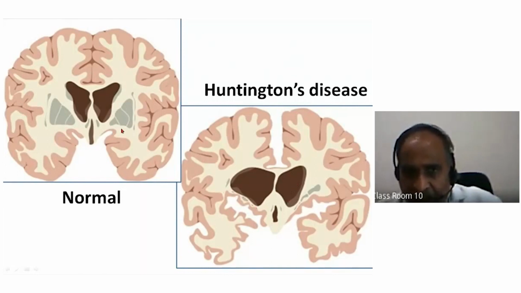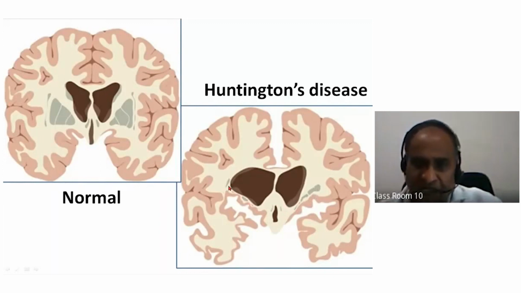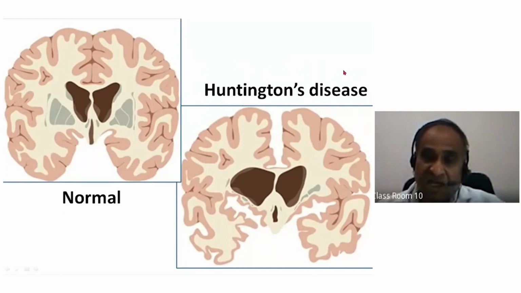These areas of the basal ganglia are absolutely reduced. A very little part of the basal ganglia is left. Here, a little more here, and it is absolutely diminished. So that means it is the very late stage of Huntington disease, wherein all parts of the basal ganglia are destroyed.